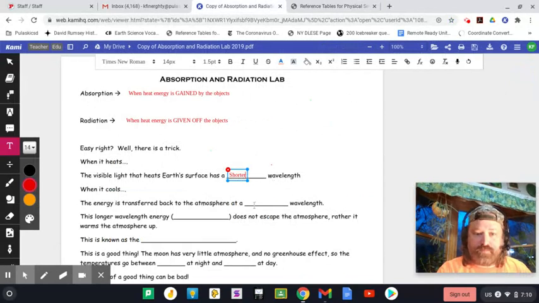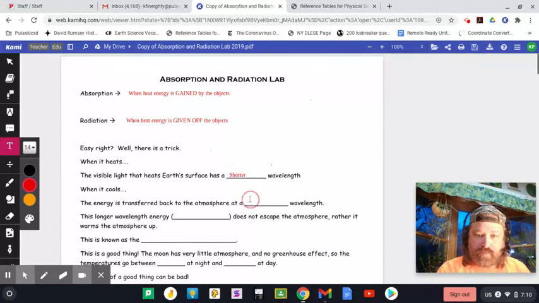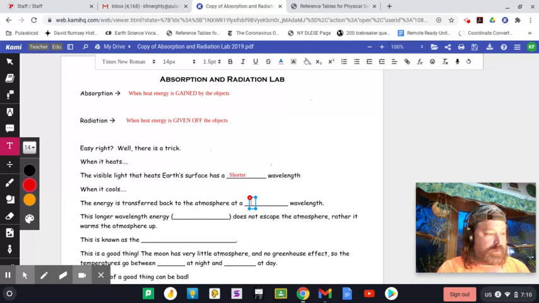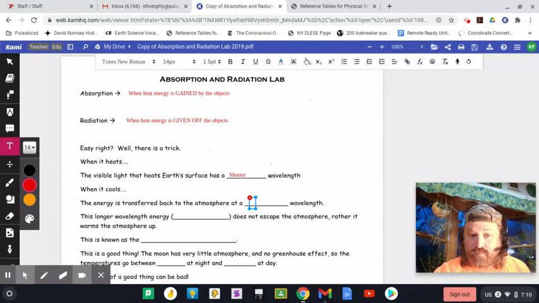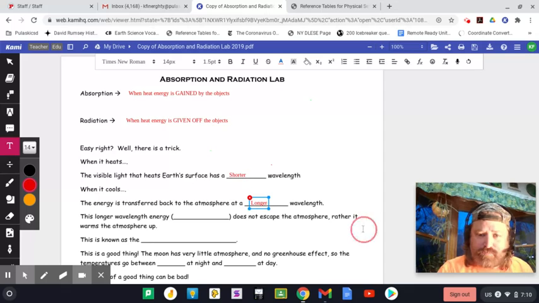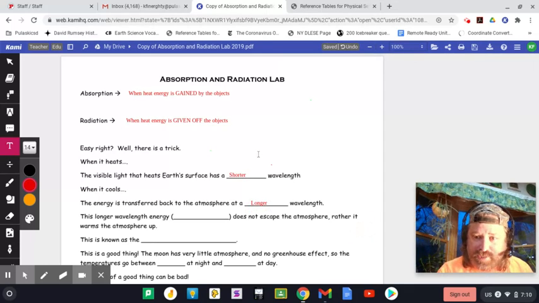Now, the trick is the energy is transferred back to the atmosphere. Once something heats, these two beakers are heating up with that sand, right? When it starts to cool off, when it gives its energy back, it doesn't do it at that same wavelength. It's a longer wavelength, which is a tricky thing to see.